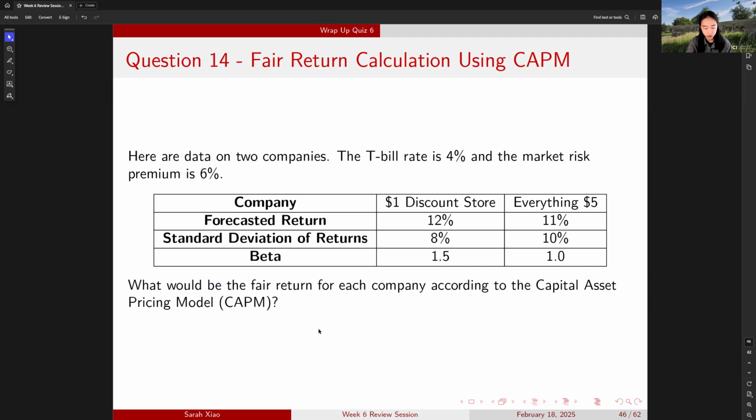Okay, let's move on to question 14. We are asked about the fair return for each company. We are given the forecasted return, standard deviation of returns, and beta of each company.